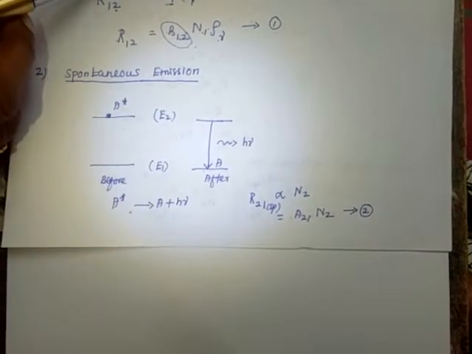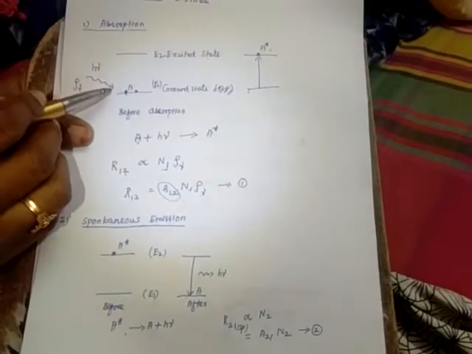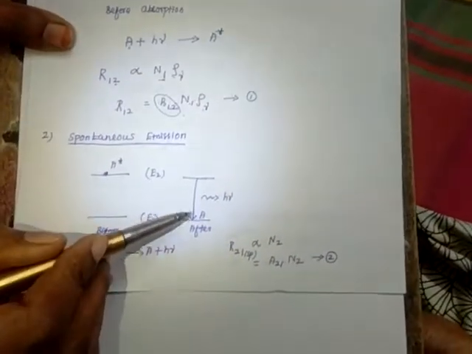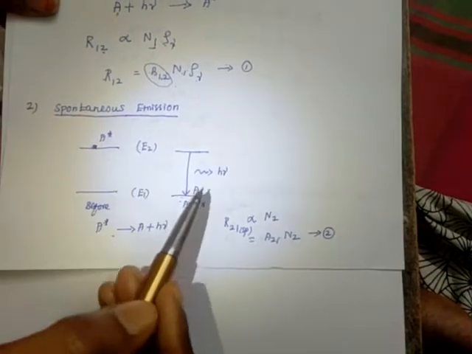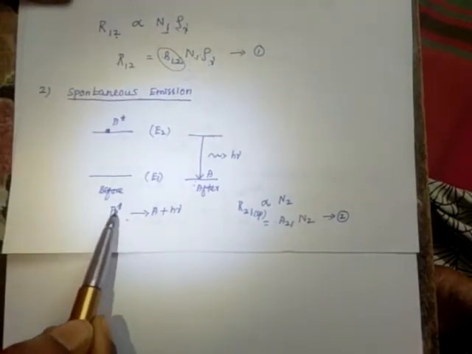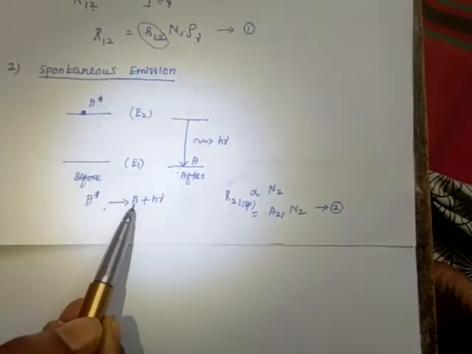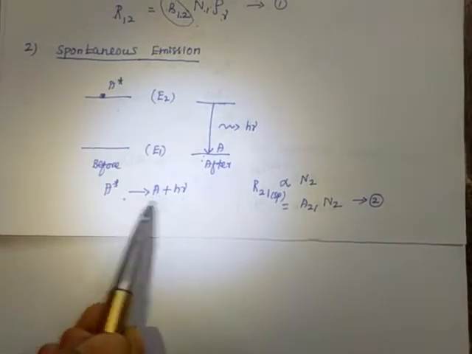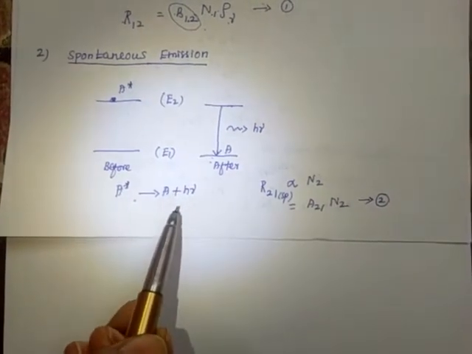In absorption, the atom absorbs the energy H nu. When it comes to the ground state, it emits the absorbed energy, that is H nu. So A star, the atom present in the excited state, gives A plus H nu.